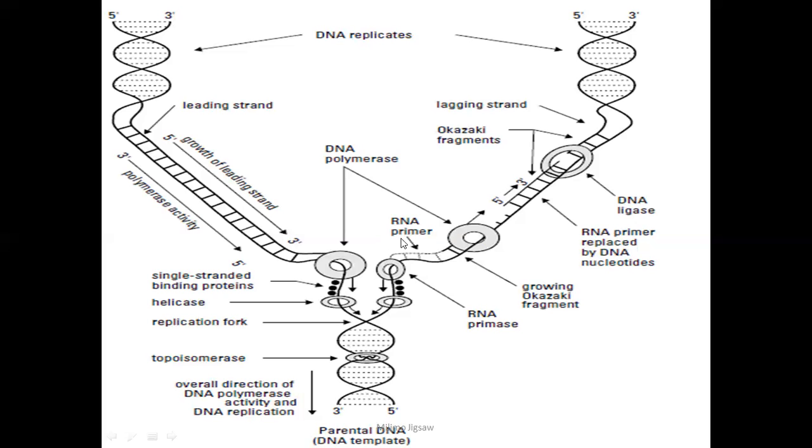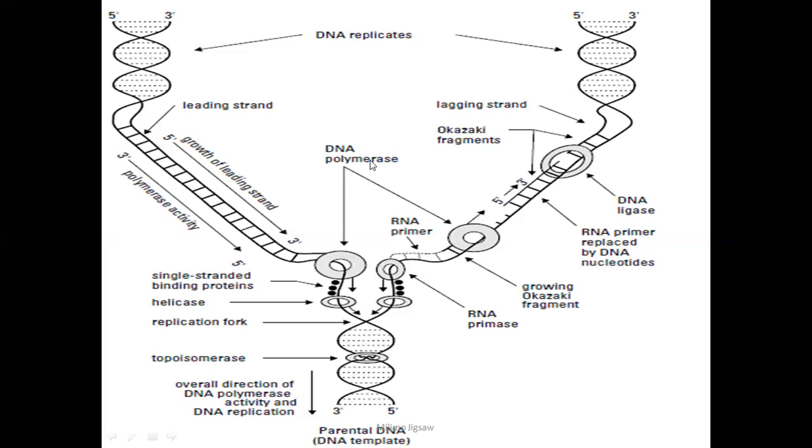So we have the RNA primer, we have the Okazaki fragment growing in this direction. We have DNA ligase joining these gaps or filling up these gaps. The RNA primer is being replaced by DNA nucleotides by DNA polymerase. We have the DNA polymerase which synthesizes DNA.